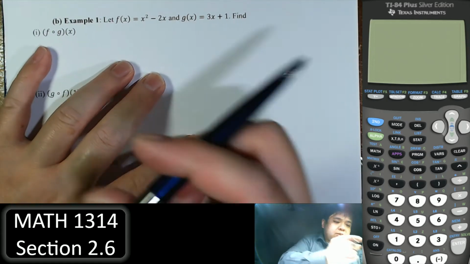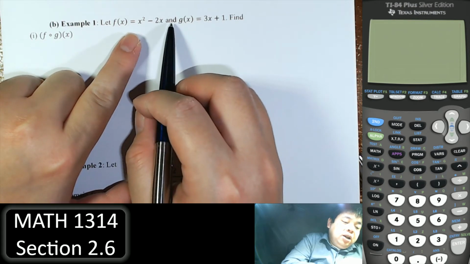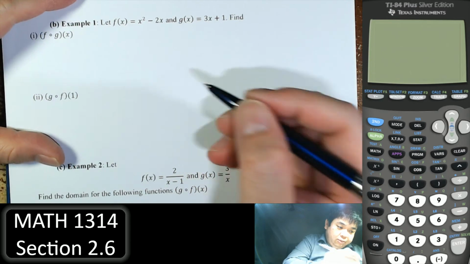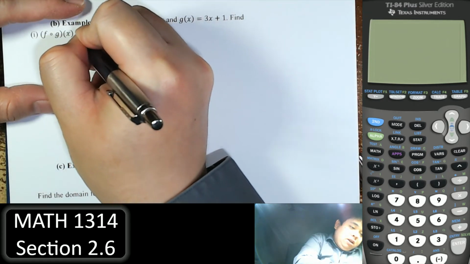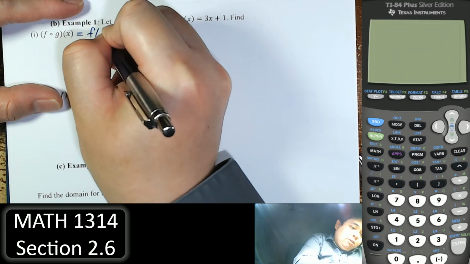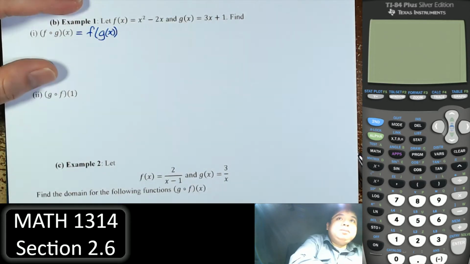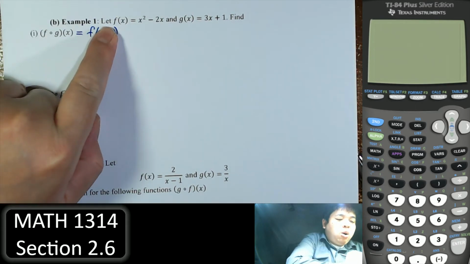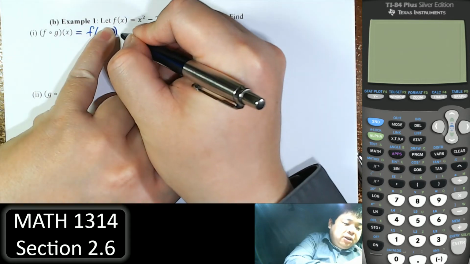Now, if x squared minus 2x is f of x and g of x is 2x plus 1, then find f of g of x. This means f of g of x. Ignore what's inside the function f.